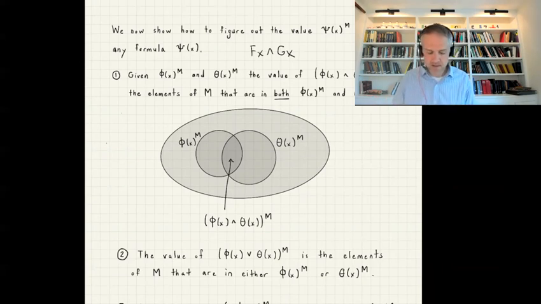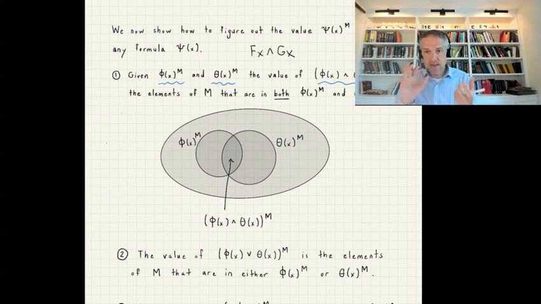So in step one, if you already know the meaning, that is, the set of things that are phi, any formula phi, and the set of things that are theta, any formula theta, then the set of things that satisfy phi and theta, logicians like to use that word, they borrow the word from English, satisfy.